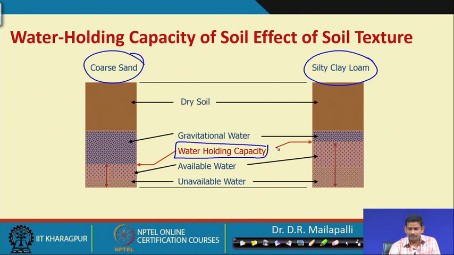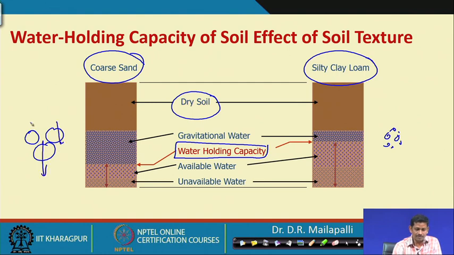Assume that in both cases the dry soil is the same. Here in the coarse sand the gravitational water is more because the pore size is larger compared to the tiny pore size here. That is why the gravitational water can pass very easily through the pores.